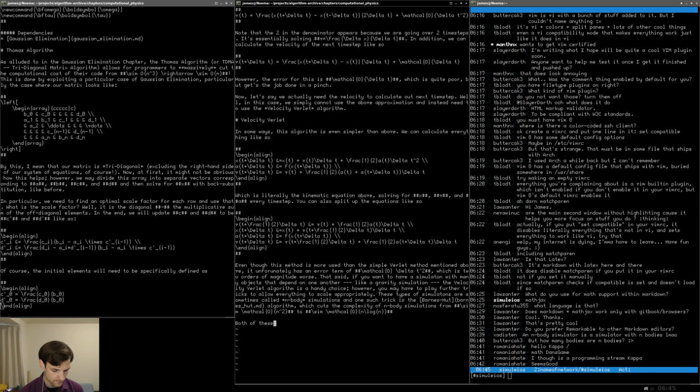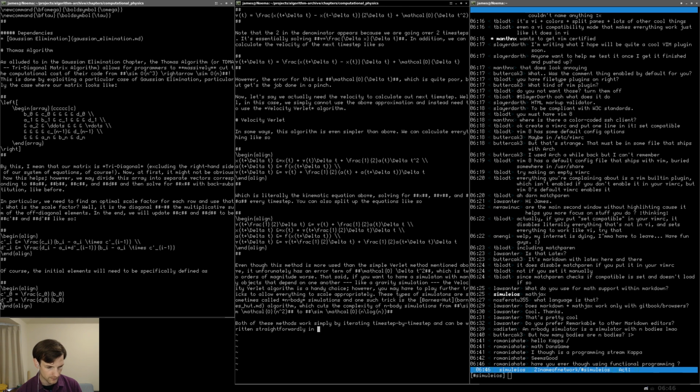Both of these methods work simply by iterating time step by time step, and can be written straightforwardly in any language. We'll say example code.